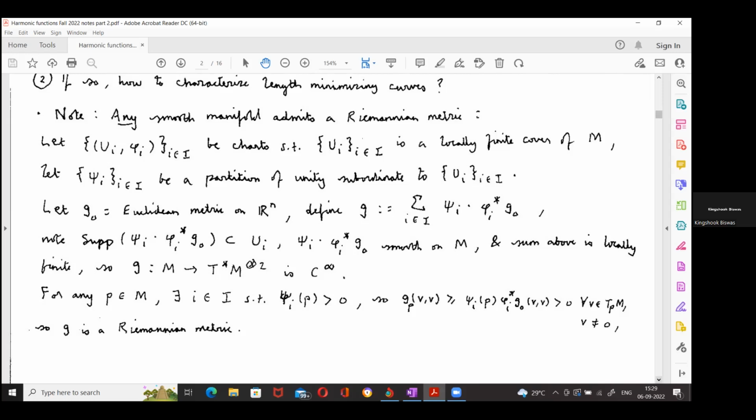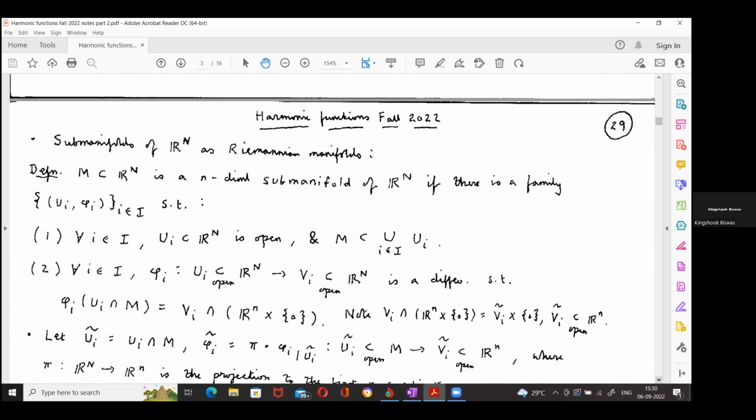You can't have a partition of unity with real analytic functions. So it's not clear that you always have a real analytic metric, but you always have a smooth Riemannian metric.